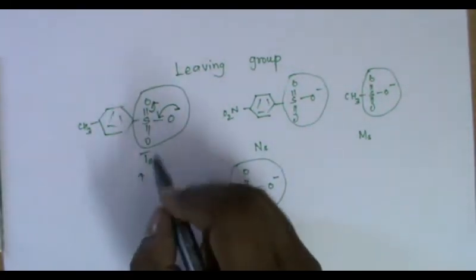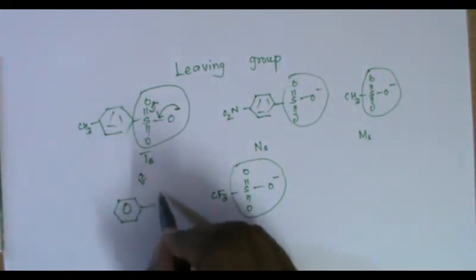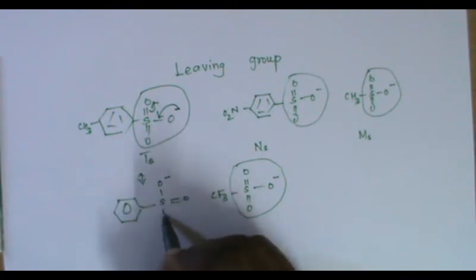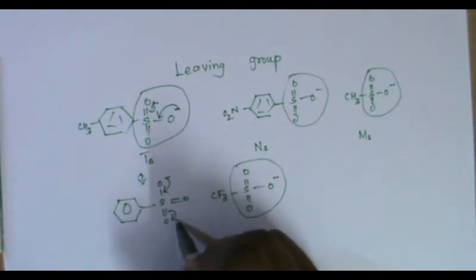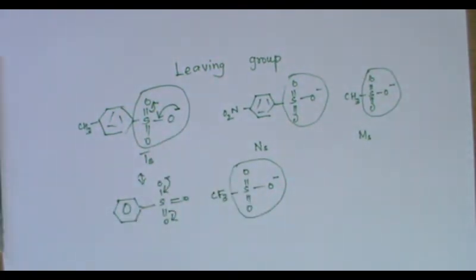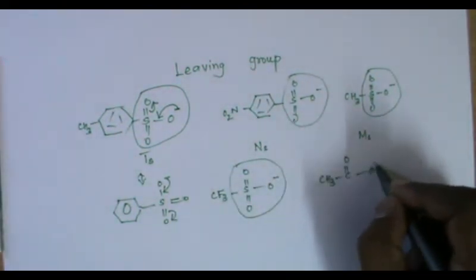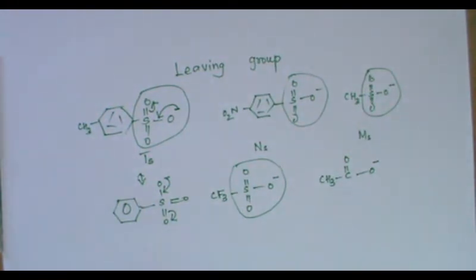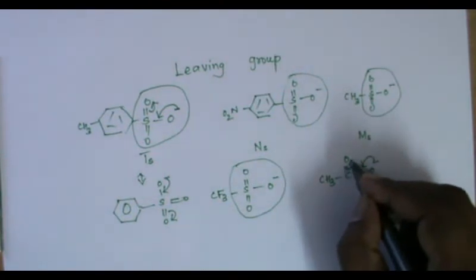So what we get is like this. Further, it can delocalize on this oxygen atom also. Because of that, we get three resonance structures, and it is resonance stabilized, so they act as better leaving groups. Even acetate can act as a leaving group to some extent. The reason is this resonance.